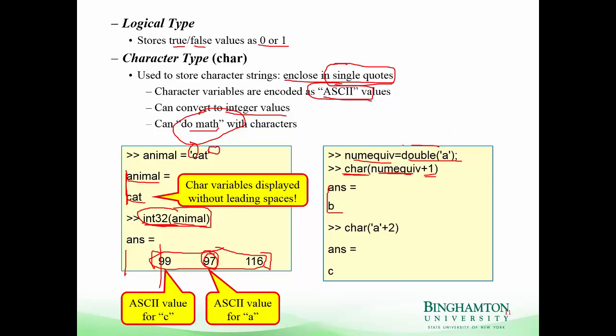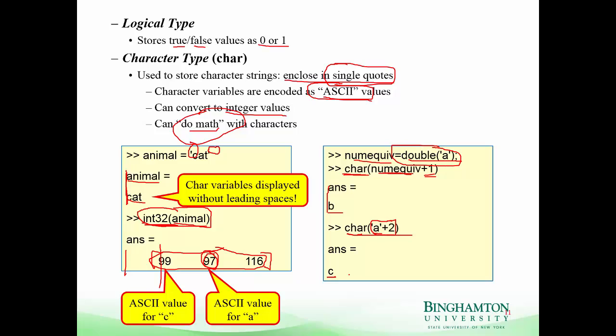Now, we don't have to convert into double to do math. We can say the character a plus 2 and then evaluate it as a character. This will internally do the arithmetic using the ASCII values, and then char converts it back. So I started with a, I added 2, and so I'm now at c.